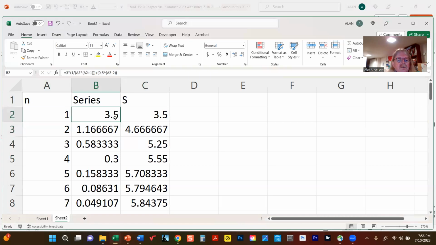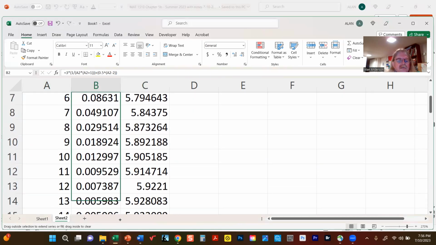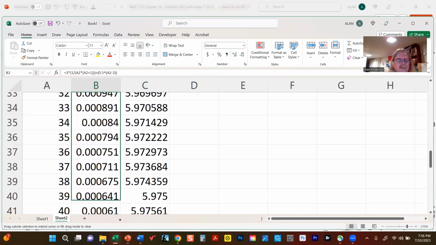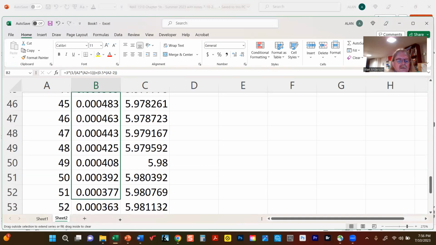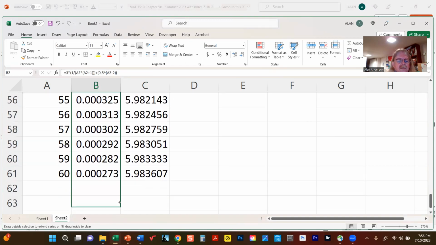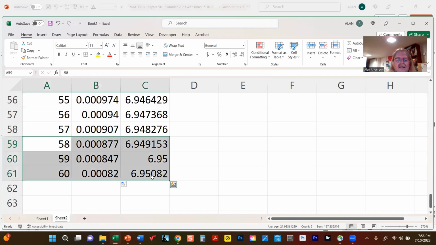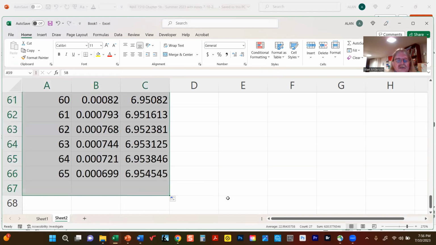All right, that's more like it. And sure enough, you can see the pattern. It is getting very, very close to 7. It could take a while before we get there, but we're definitely getting closer and closer to 7.